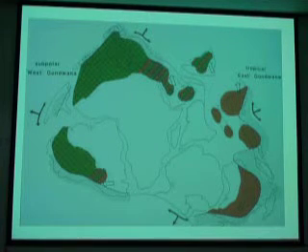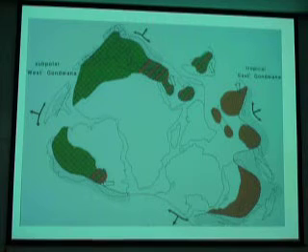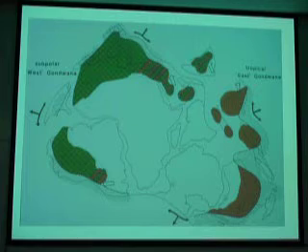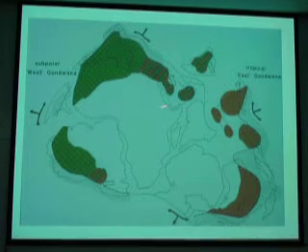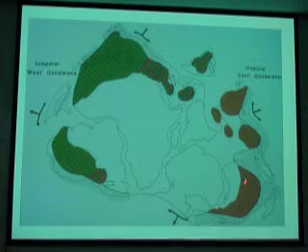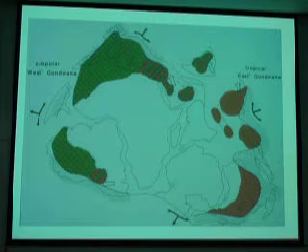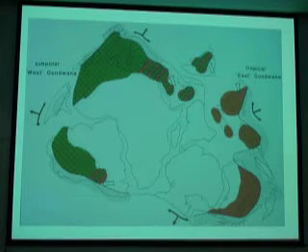But this is such a large paleocontinent, it goes everywhere from high paleolatitude near the pole, which was actually here in northern Africa, all the way down to China and Australia, which were at nearer tropical paleolatitudes. So this is one huge paleocontinent.